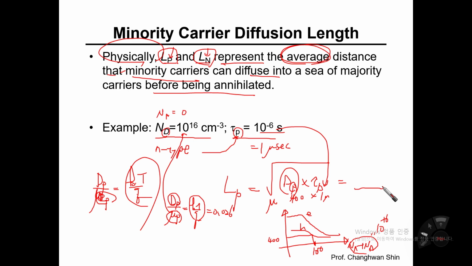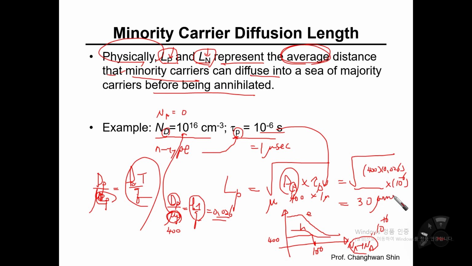So just plug in 400 times 1 micro. If I use a calculator, that is 400 and that is 0.026, so Lp is square root of 400 times 0.026 times 1 micro, and then it turns out to be about 30 micrometers.